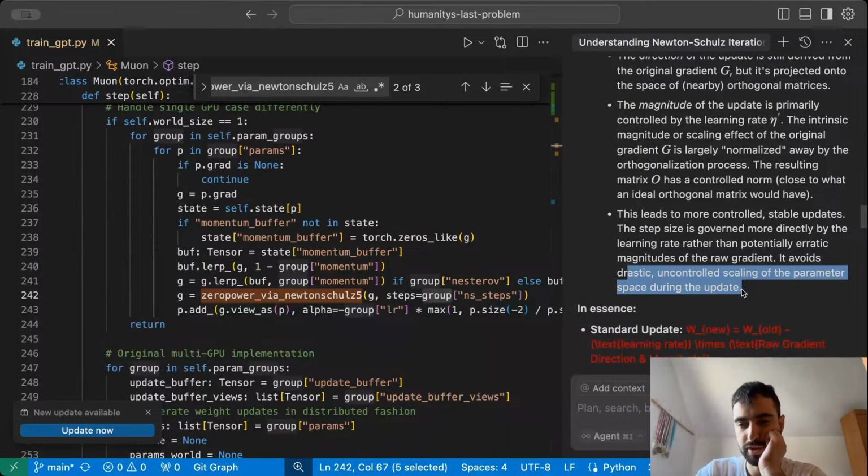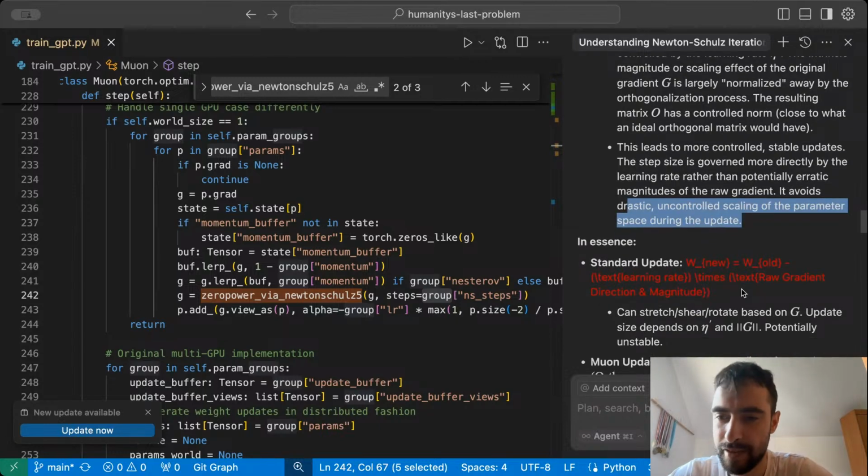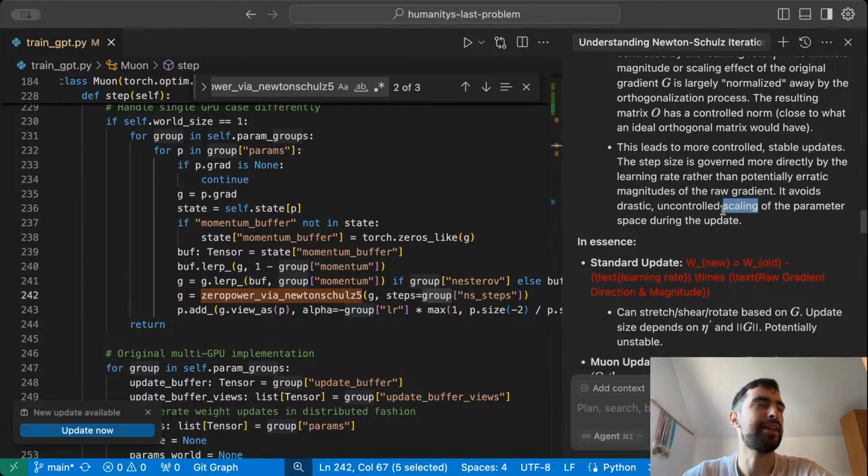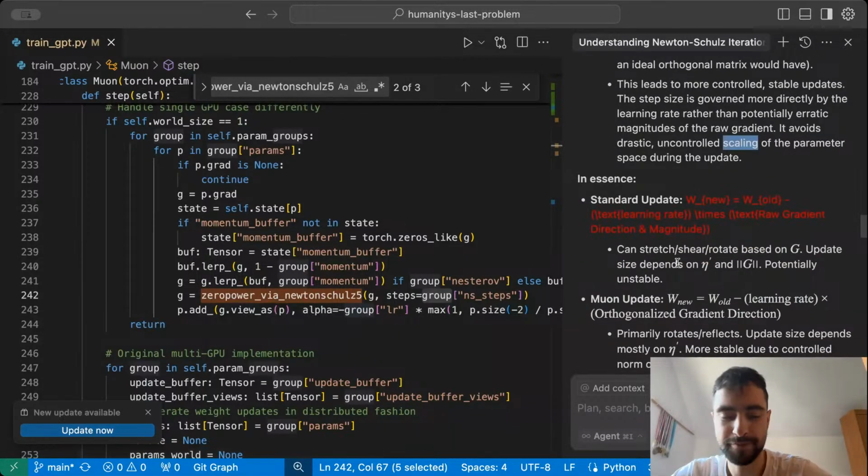Drastic uncontrolled. I think learning rate already took care of the drastic uncontrolled scaling of the parameter space. So it means... I don't know.